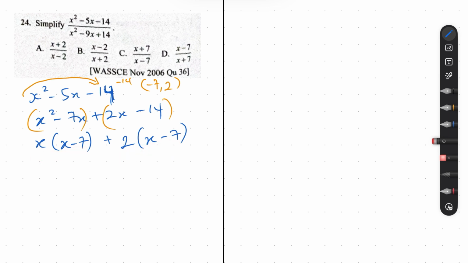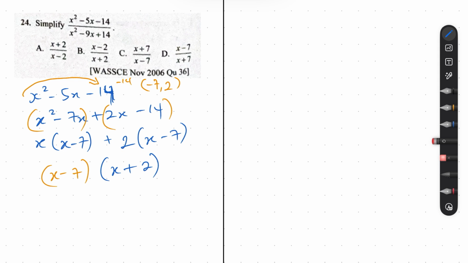When we do that, what is left here? x is left. So we open our brackets, we have x plus, similarly here we factor x minus 7 out, we are left with plus 2. Now we're done with the numerator.